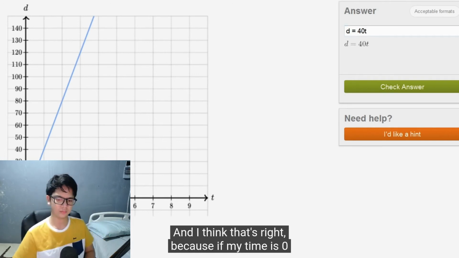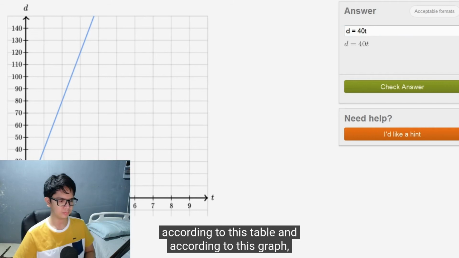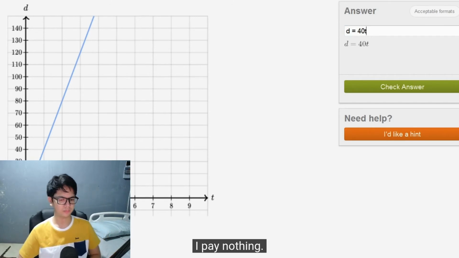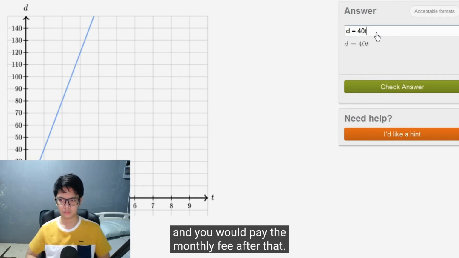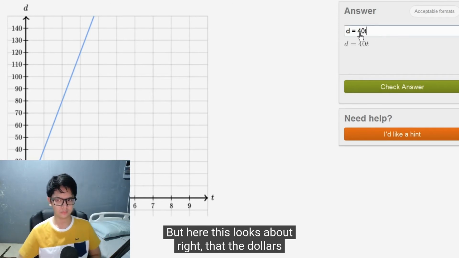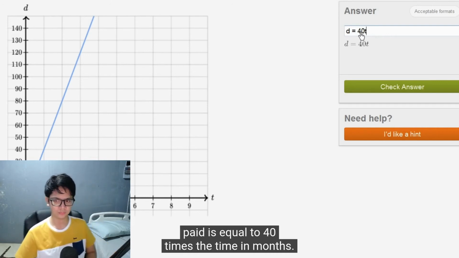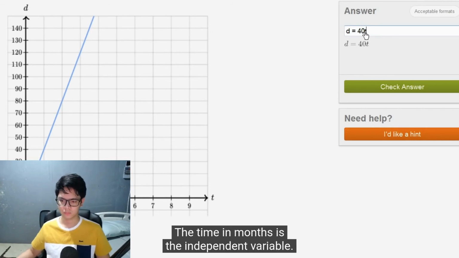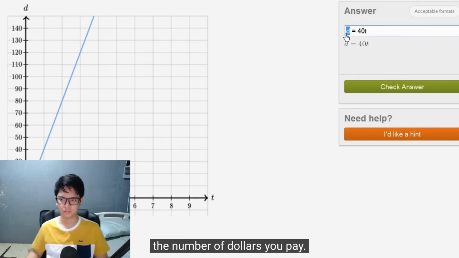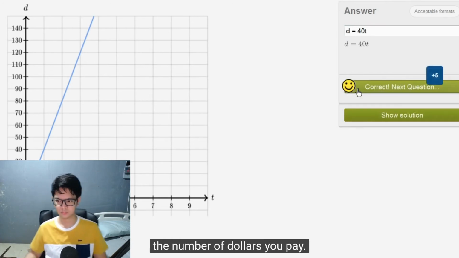And I think that's right, because if my time is 0, according to this table and according to this graph, I pay nothing. If there was some initial membership charge, then maybe we would add that membership charge and you would pay the monthly fee after that. But here, this looks about right, that the dollars paid is equal to 40 times the time in months. The time in months is the independent variable. It drives the dependent variable, the number of dollars you pay.